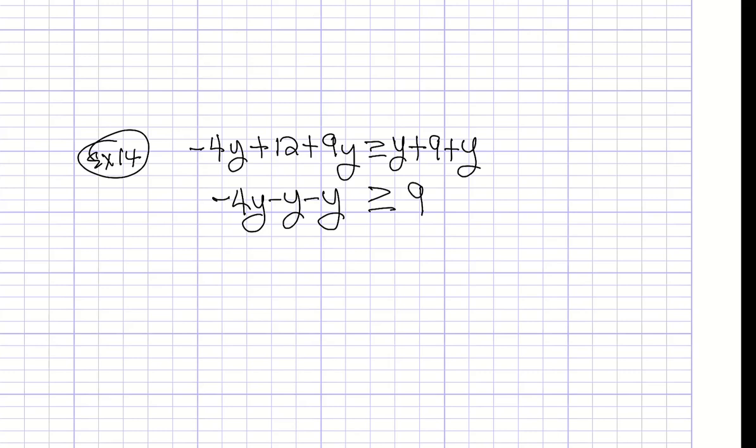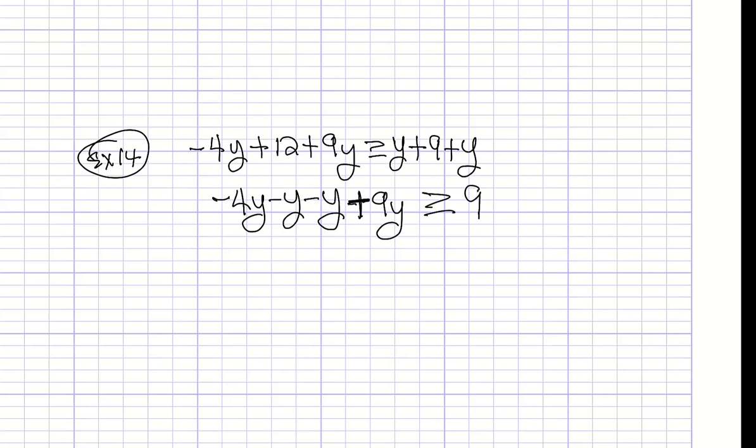No, I dropped something. Hang on. I dropped -9, okay? We'll put it back. I dropped a positive 9y, sorry. So we're gonna put that back. Plus 9y greater than or equals to, what is that?